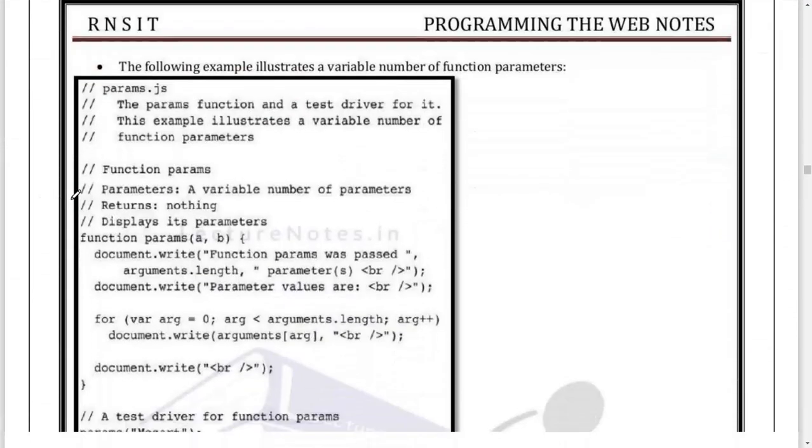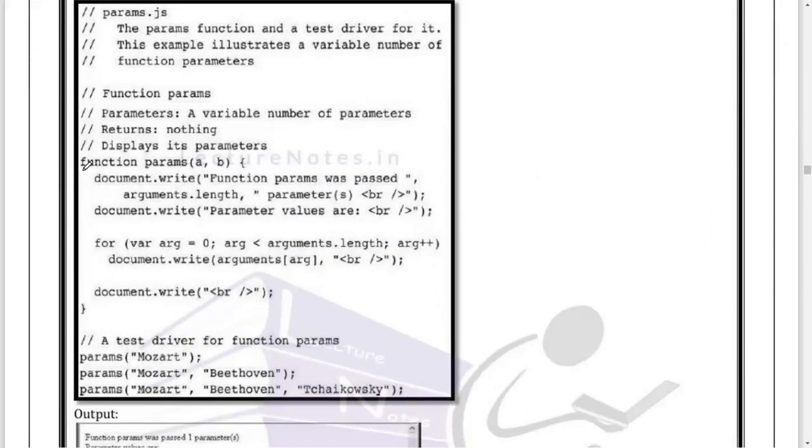You can see a small example here. You have a function called params. You have two arguments here. These are formal arguments, because they are present in the function header.